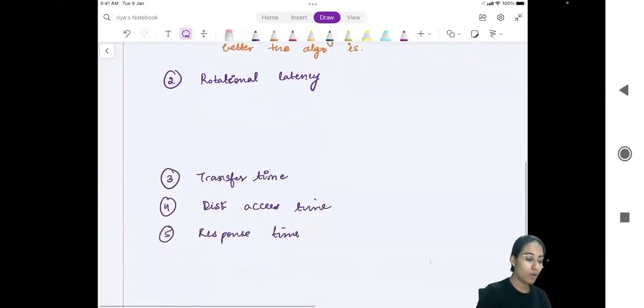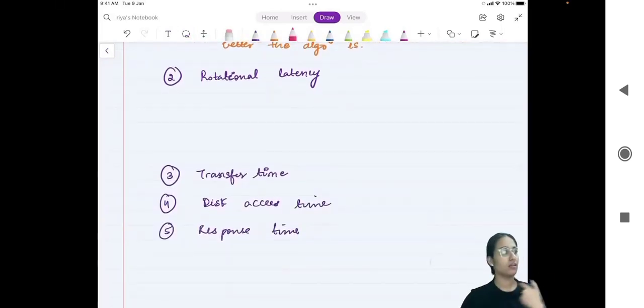Now let's say you have specified the track where exactly your information is present. But on a track you also have a lot of small sectors, right? A track is also divided into small sectors, so you have to move on that track. Your arm head, or your read write heads, basically have to move on that track to reach the desired sector where exactly your read and write operation will be done.